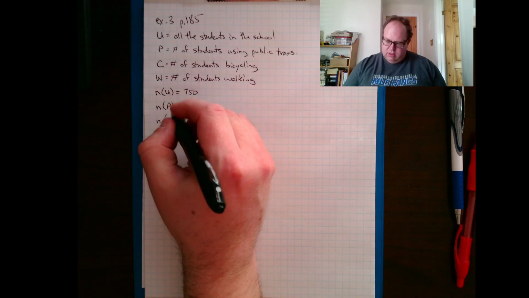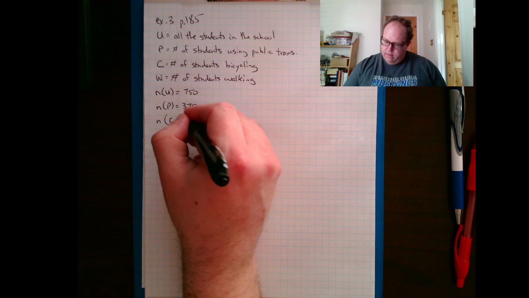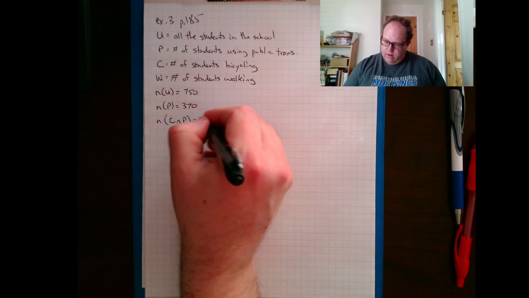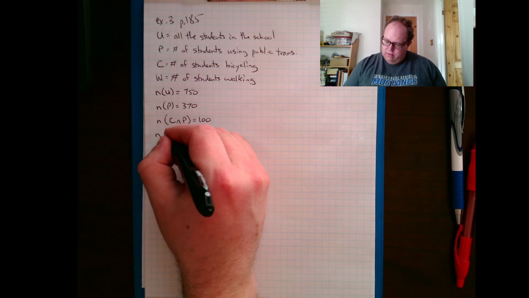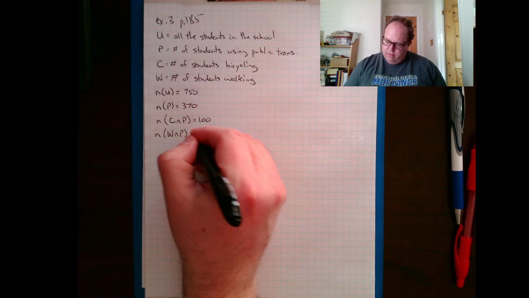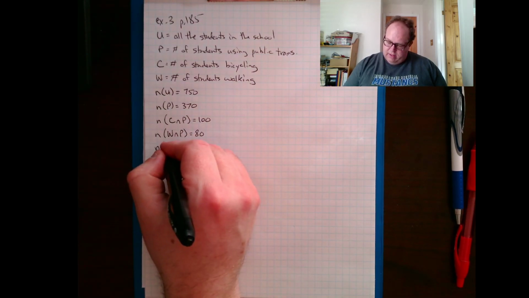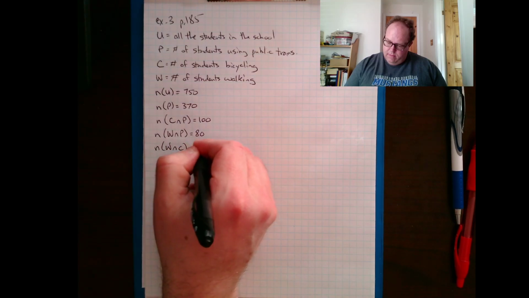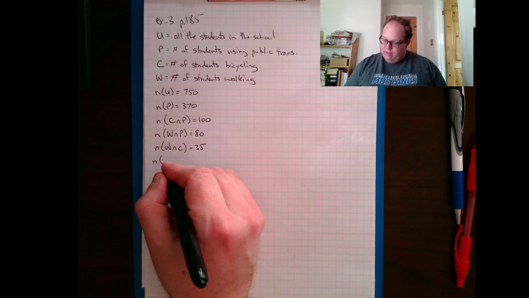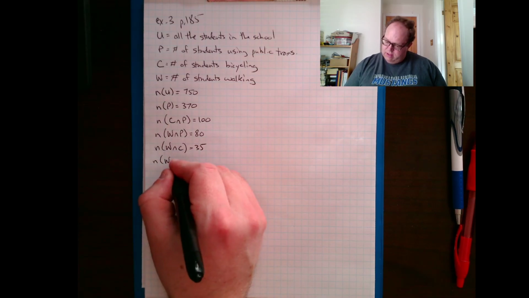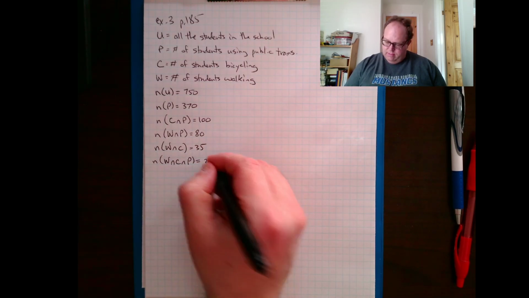So this is just the intersection of the two sets. 80 students walk and use public transit. 35 students walk and cycle. 20 students walk, cycle, and use public transit. That's the intersection of walking, cycling, and public transit, so that'll be my number in the middle.